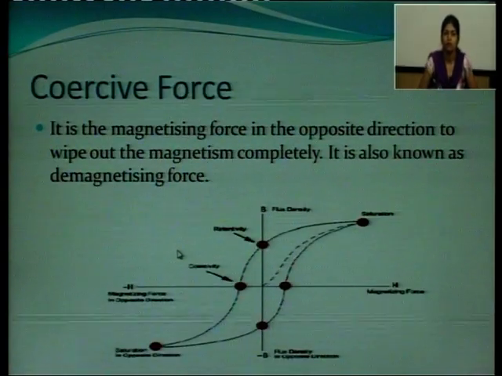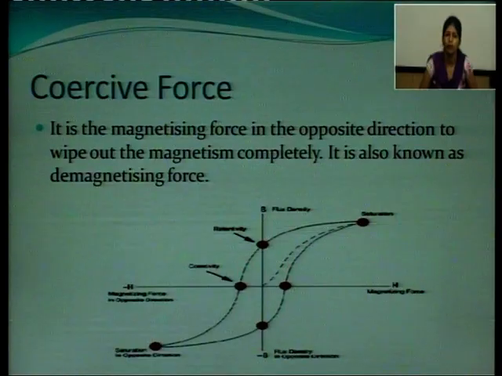The next characteristic of a magnetic material is coercive force. The magnetizing force in the opposite direction to wipe out the magnetism completely is known as coercive force, and it is also defined as the demagnetizing force. So from this red point to this point, this is known as coercive force.